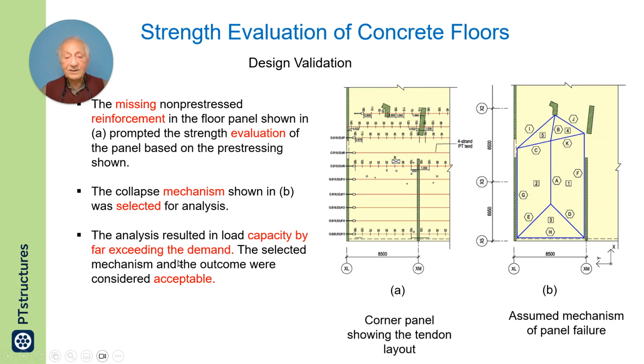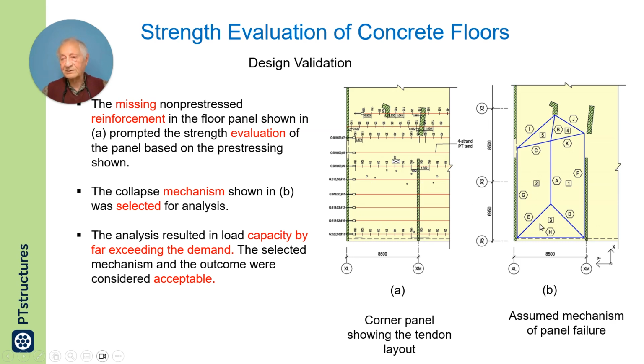The analysis method resulted in load capacity by far exceeding the demand. So the selected mechanism and the outcome were considered acceptable because, based on engineering judgment, this is critical, it was considered that this collapse mechanism is not unreasonable.